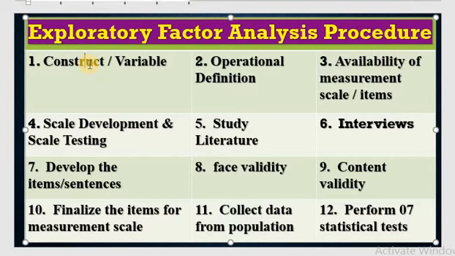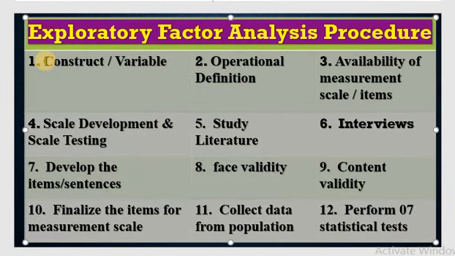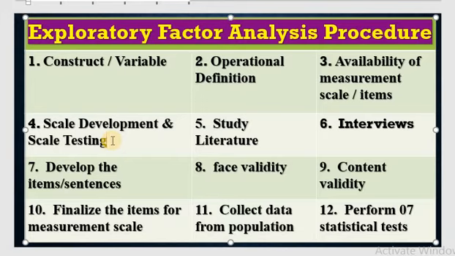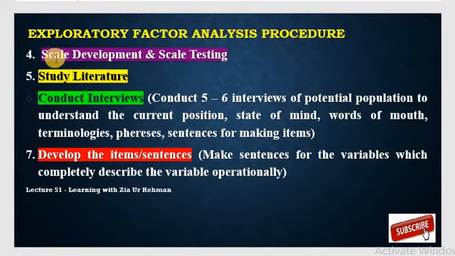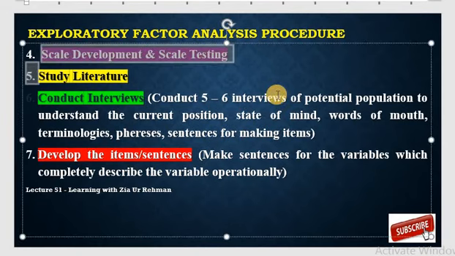So for a new scale, you need to perform all these steps for scale development and exploratory factor analysis. But when the scale is already available and you apply it with modification according to the nature of your study, you need to apply only steps 7 to 12. So here you need to understand scale development and scale testing.